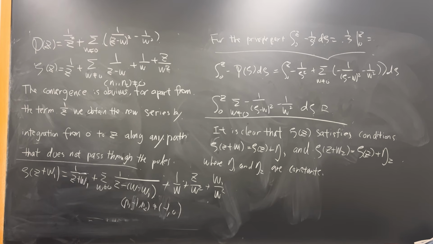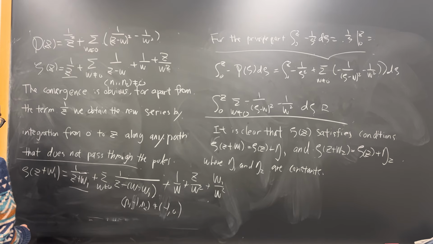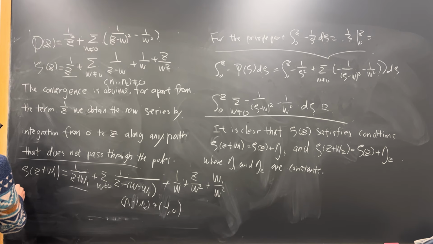Okay, so definitely there's a difference between the first two terms, right? And then for the second term, let's say that you subtract this from that. So then it becomes 1 over, so maybe I write this.